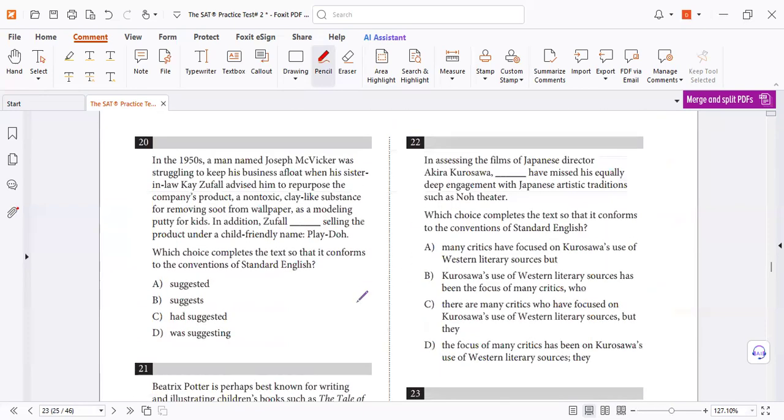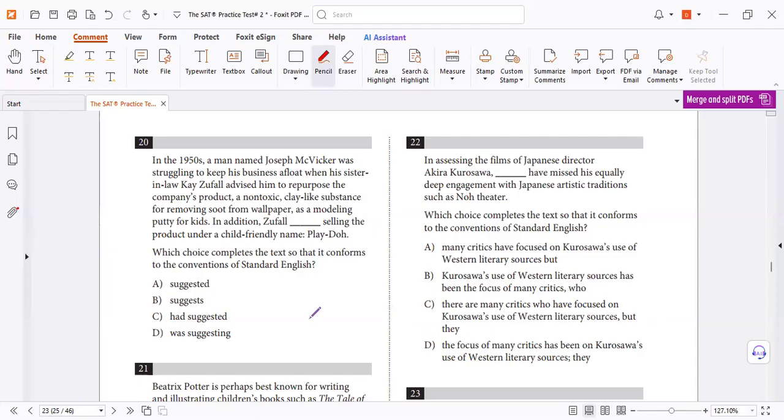Number 20. Letter B. Letter B. No, my friend.